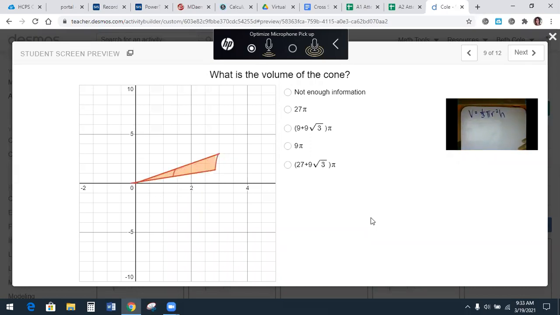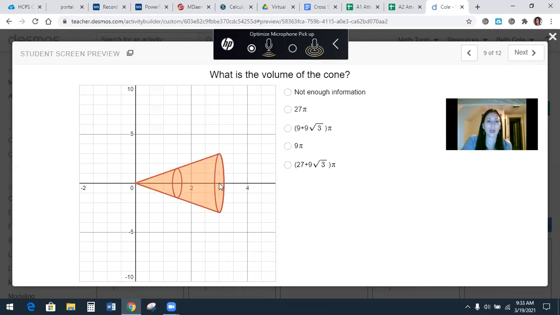So again, I'm going to plug in the r and the h to this formula. For that cone, the radius has to be the biggest part, the radius of the base. It looks like that radius is 3, so let me plug 3 in for r. And then the height, this is not very well labeled on the axis here. From 0 to 3, we're halfway in between 2 and 4, so the height is also 3.